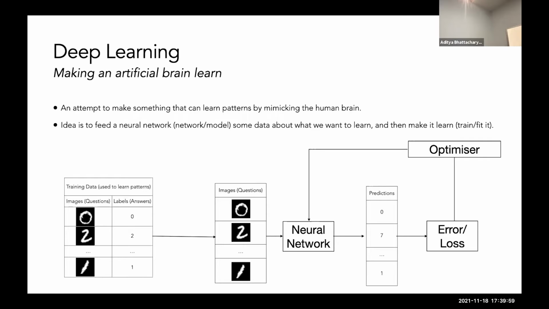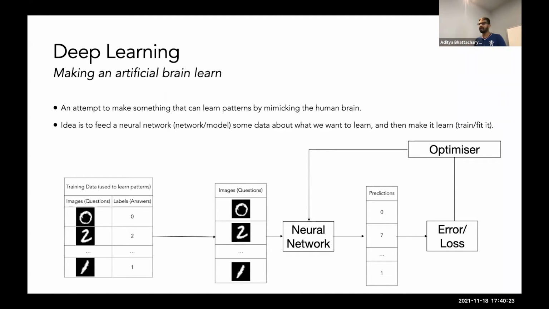In this case, for example, the error function will tell us that the neural network is doing okay, but it could go way better. It's saying that this 2 is a 7, probably making other sorts of mistakes. This is then taken to something called the optimizer. An optimizer is like the teacher of this neural network.